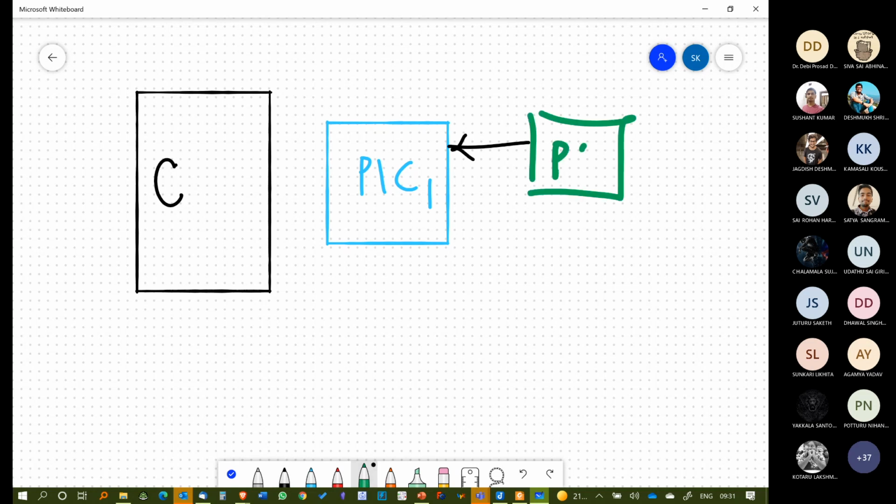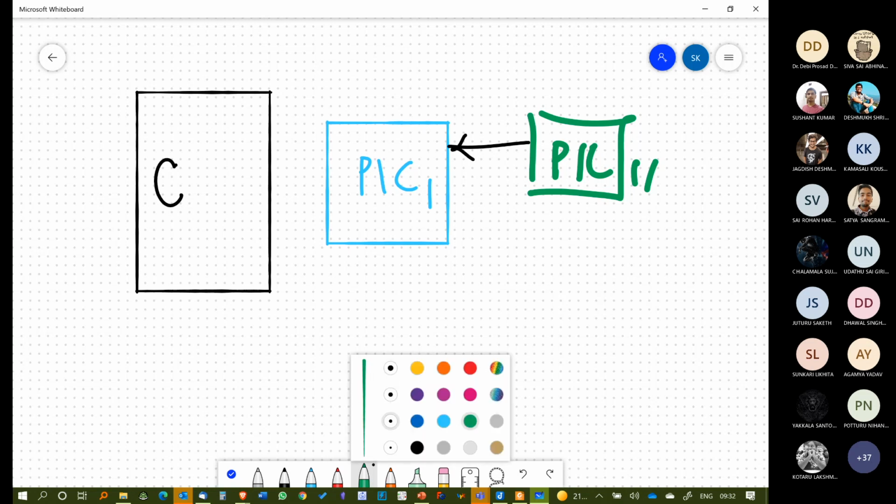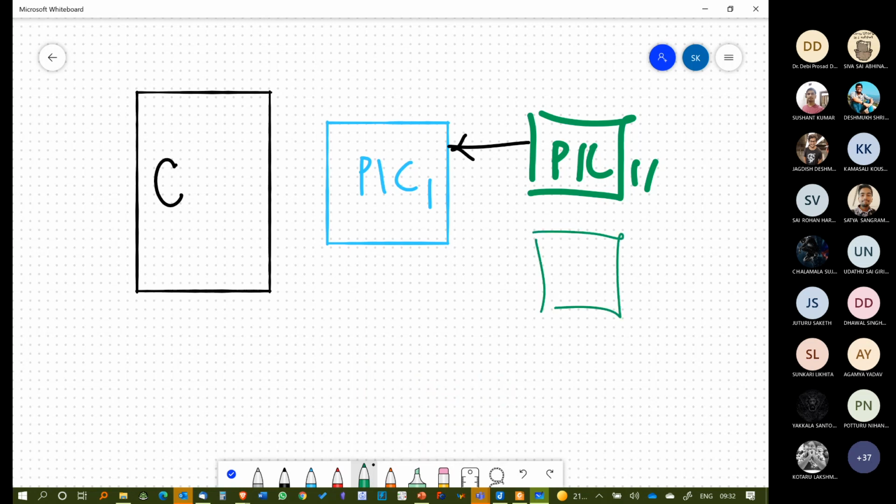Shall I call it A? Or maybe call it PIC 11, and then I have a second level PIC and up to 8 PICs, what shall I call it, 1, 8. So there are 8 PICs here and they are all connected to this PIC.